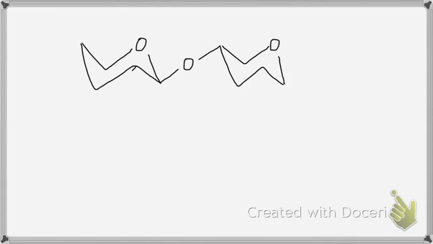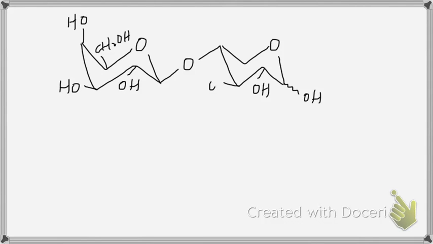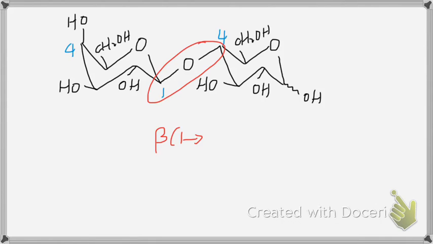In chair conformation, this is what we have. The first unit, carbon 4, has an axial OH for galactose. Alright, so the beta 1,4 linkage.